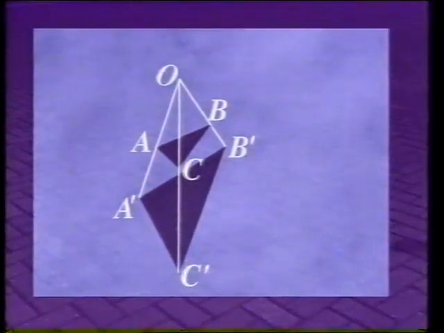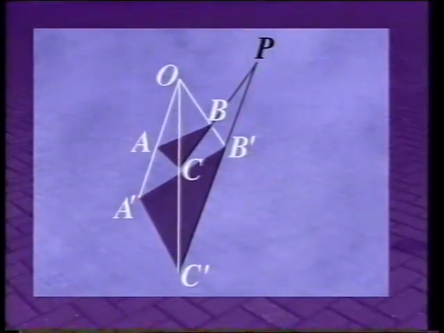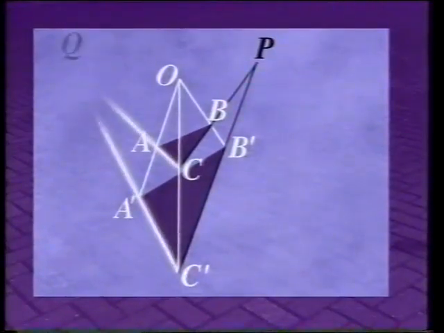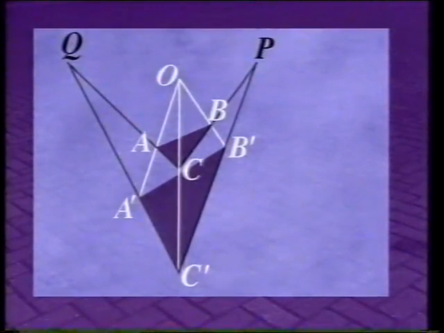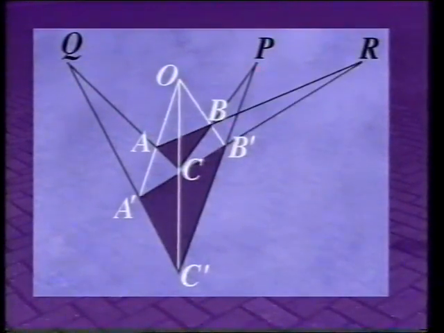Then, if the lines BC and B'C' meet at some point P, CA and C'A' meet at Q, and AB and A'B' meet at R, then the points P, Q and R lie on a line.